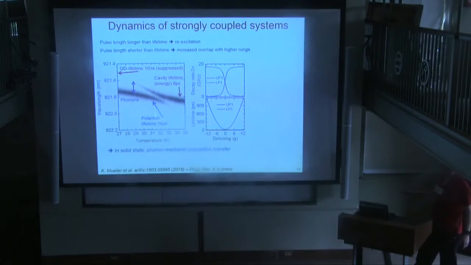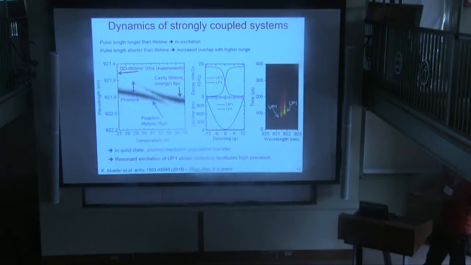But I have to insist that here we are in a semiconductor platform at a finite temperature, so we do have a very strong coupling to phonons, and that coupling to phonons is known to cause a population transfer from more dot-like polaritons to the more cavity-like polariton.